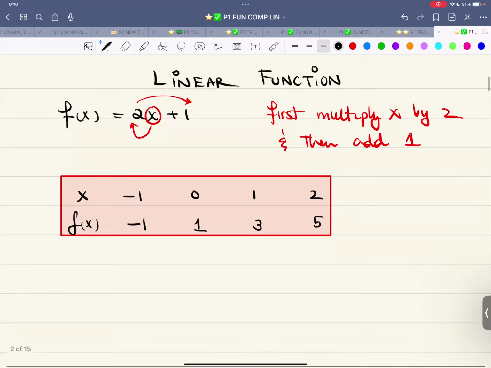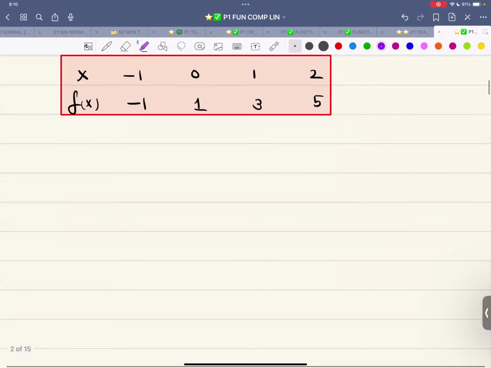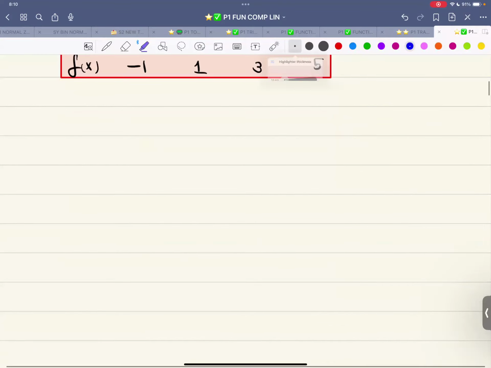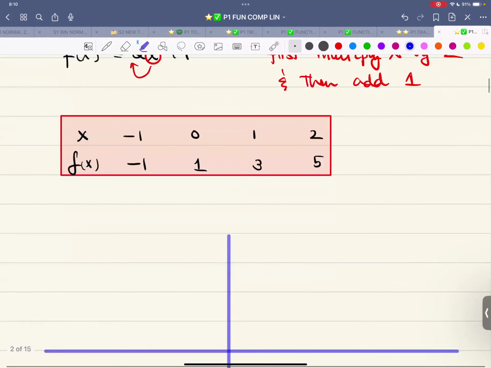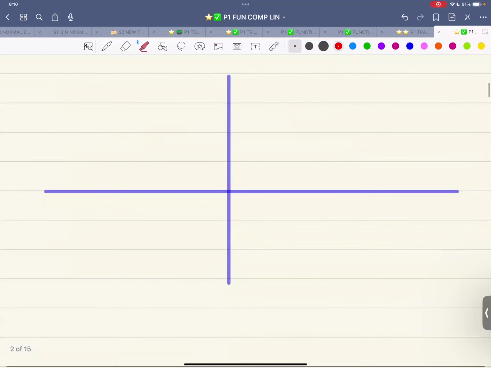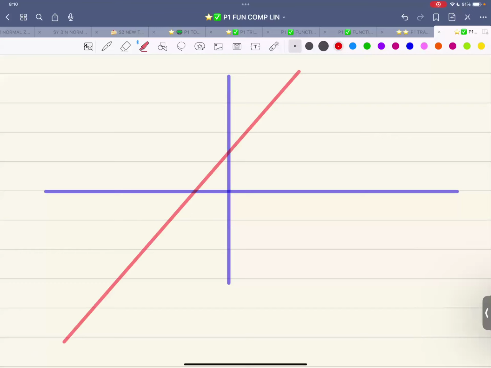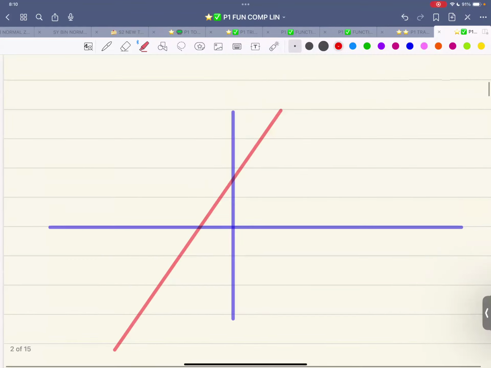These are the values. Now, if I draw a grid over here and I want to plot these values, just a rough graph, let me just draw it in red color. Something like this, the graph will be drawn a little bit more slanted.